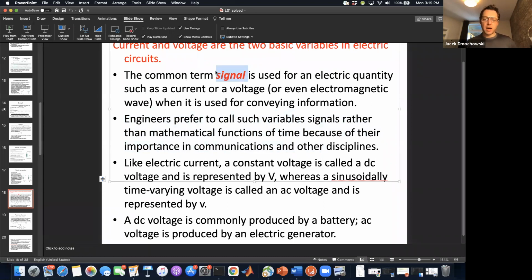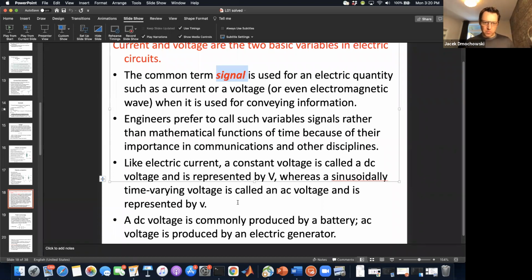And so oftentimes you'll see the word signal when encountering one of your problems. It just means a voltage or a current, basically. Whether you're communicating with a current or a voltage, it's kind of arbitrary.